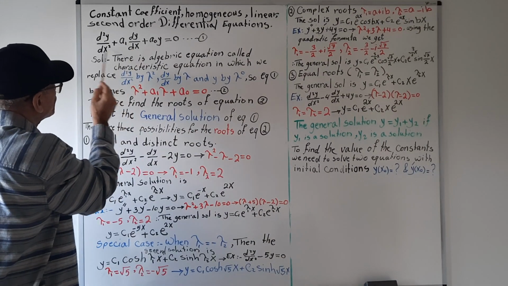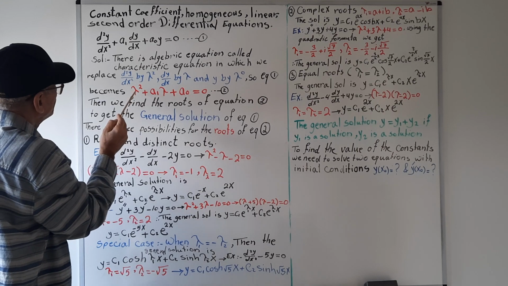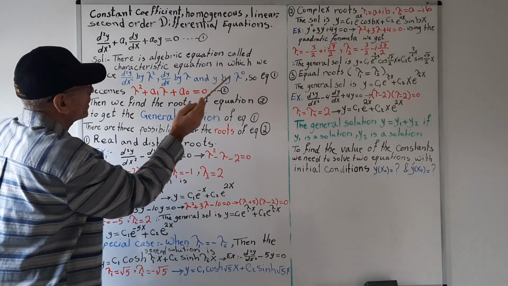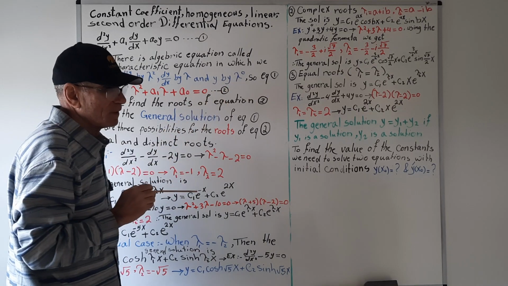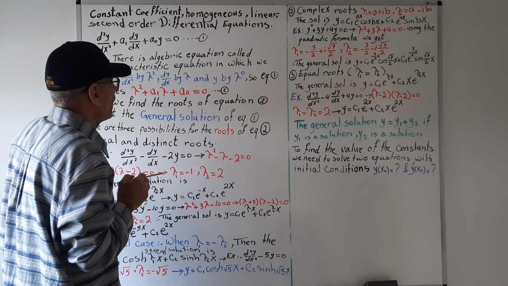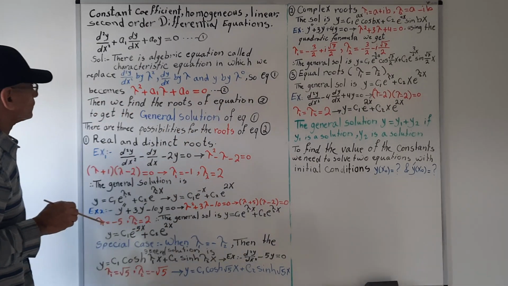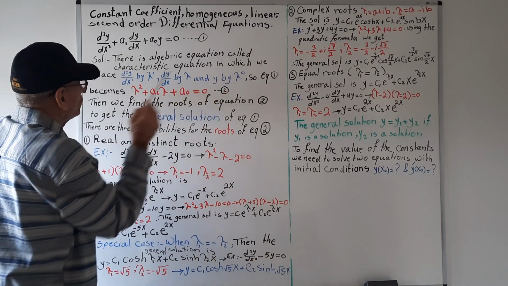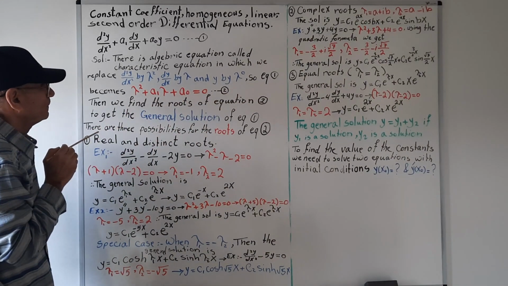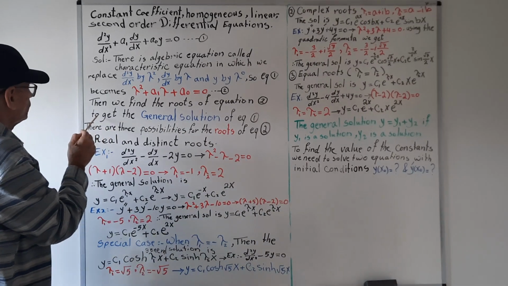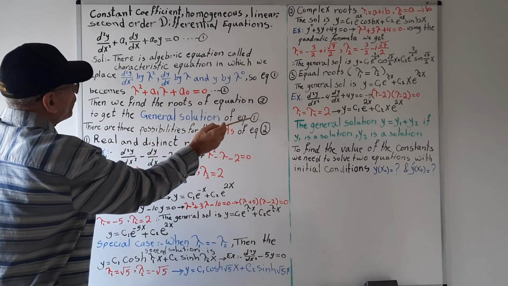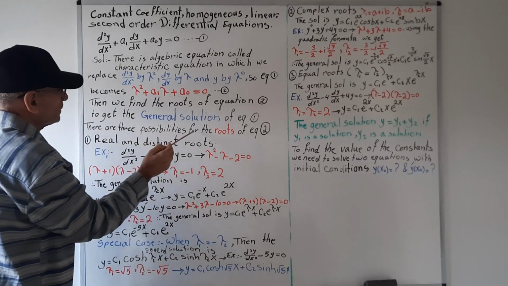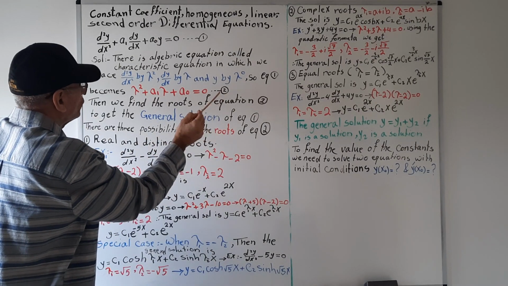So our differential equation becomes lambda squared plus a1 lambda plus a naught, because lambda to the power 0 equals 1. Then we find the roots of equation 2 here. To get the general solution of equation 1, there are 3 possibilities for the roots of equation 2.